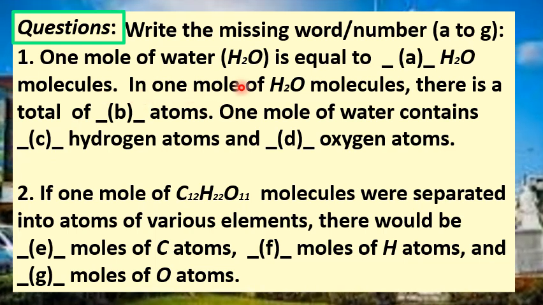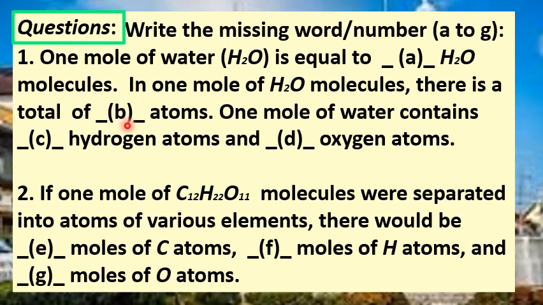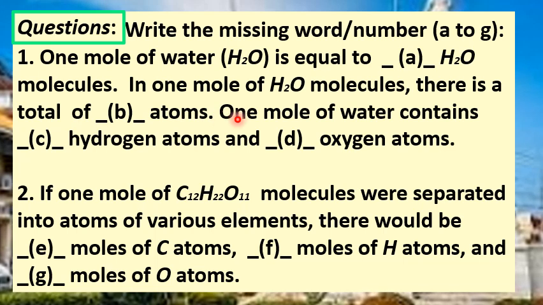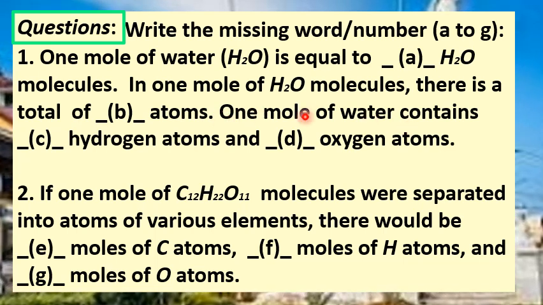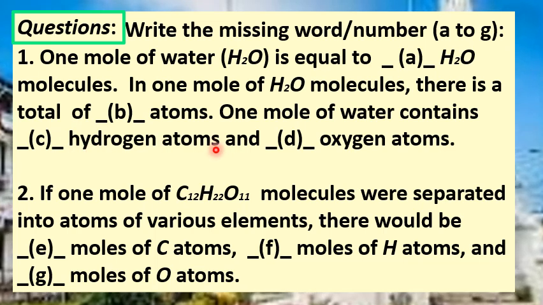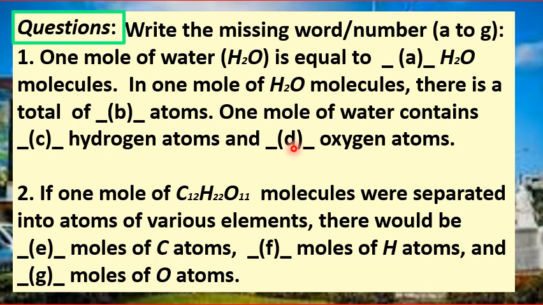In 1 mole of H2O molecules, there is a total of, letter B, blank atoms. 1 mole of water contains, letter C, blank hydrogen atoms, and letter D, blank oxygen atoms.